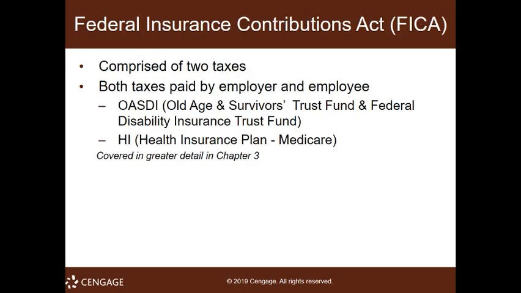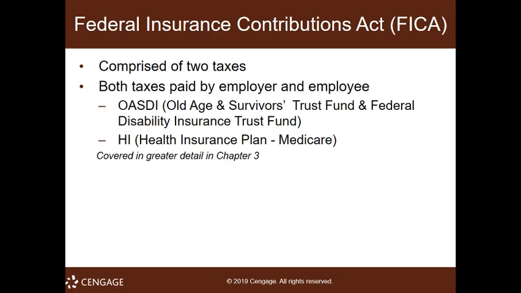Now, FICA is the Federal Insurance Contribution Act, and it's comprised of two taxes. You are used to seeing this being taken out of your paychecks. This is the OASDI, which is the Old Age and Survivors Trust Fund and Federal Disability Insurance Trust Fund, and HI, which is the Health Insurance or Hospital Insurance Plan. This is Social Security and Medicare.